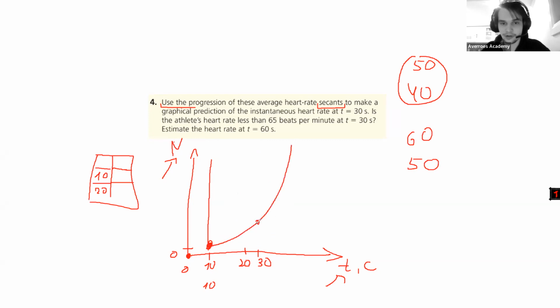Let's say our reference point is 30 seconds here, and we can take a point before and a point after, let's say here. If we make a line through these two points, we're going to see that our tangent line lies somewhere between these two secants that we created, you see?